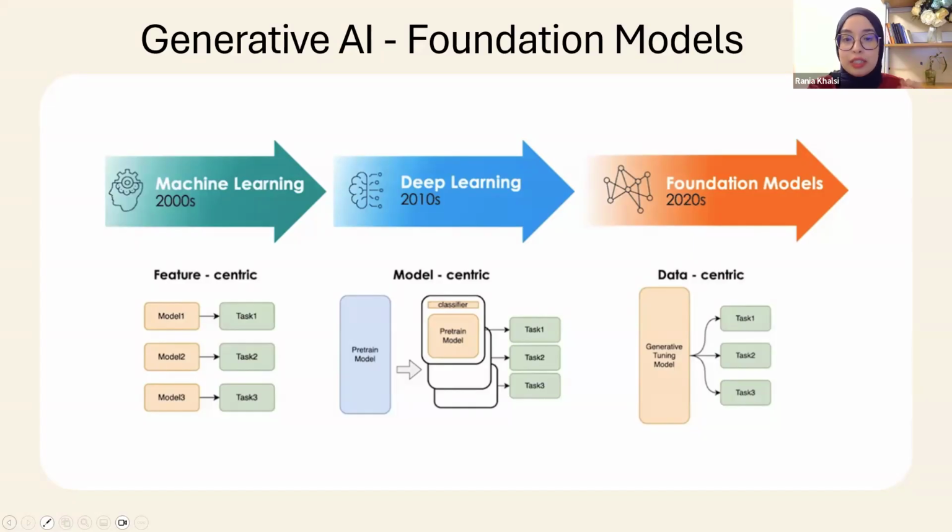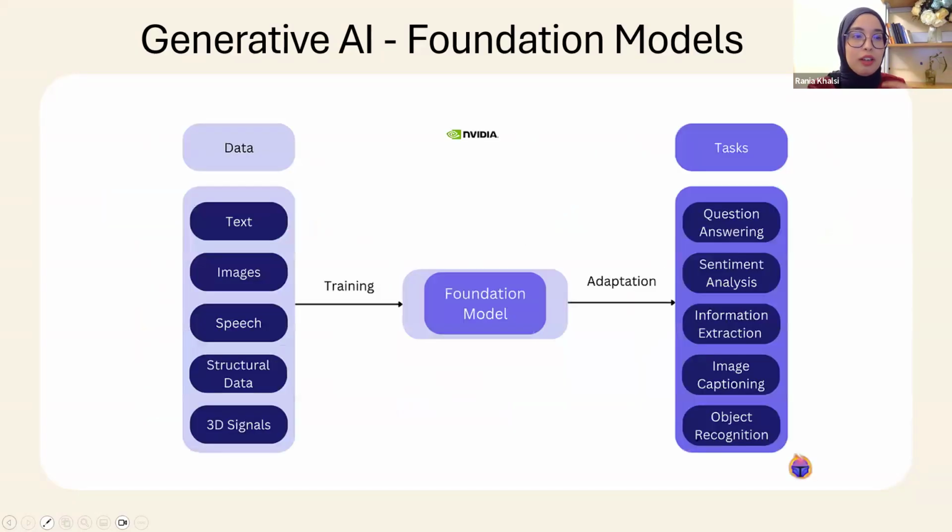So the future is now increasingly driven by a data-centric approach, where models are capable of learning from data at scale, which is very important. This is the paradigm that we are entering today, and this is the revolution coming with generative AI.